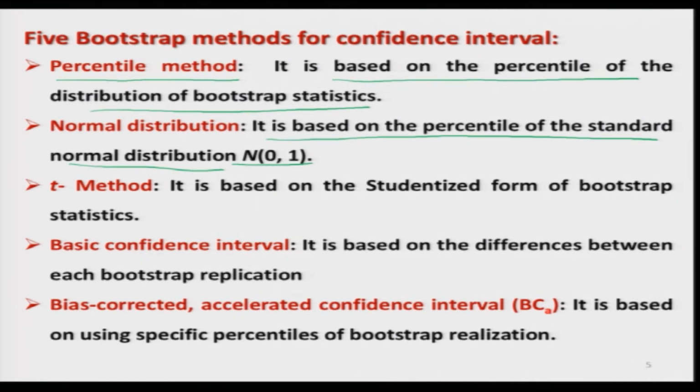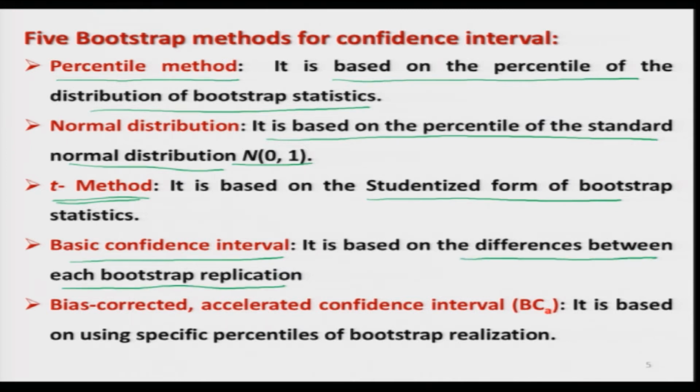Based on that, the third method is the t method, which is based on the t distribution, and essentially on the studentized form of the bootstrap statistics. The fourth one is the basic confidence interval, which is essentially based on the differences between each bootstrap replication.